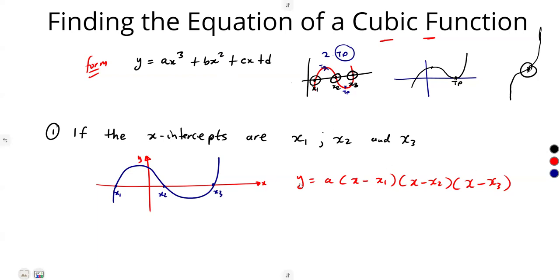So to find the value of a, you must be given any point on the graph. It can be the turning point, as long as it's a point which lies on the given cubic function. You use that to determine the value of a.